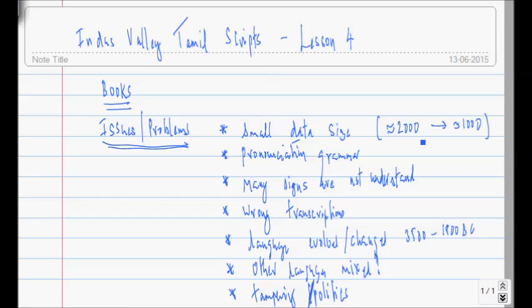Now let's look at the current status of decipherment, or how much we have understood. As I told you, there are a lot of difficulties and issues in solving this problem. So the current status is something like this.